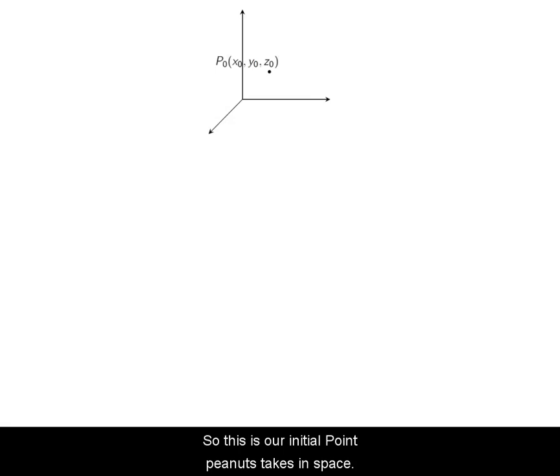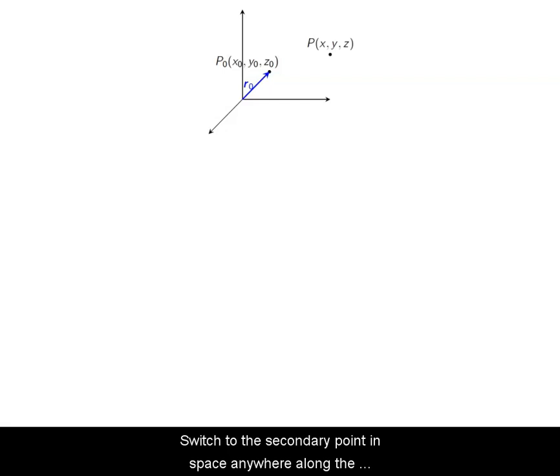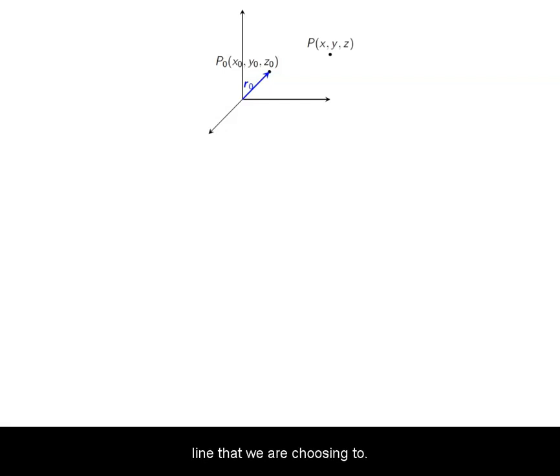So this is our initial point, P naught, it's fixed in space. The vector that points to this point is R naught. Okay. If we choose a secondary point in space anywhere along the line that we are choosing to create, we have a vector R that terminates at that point as well. Okay.